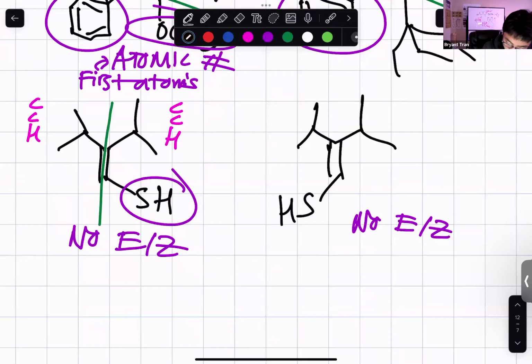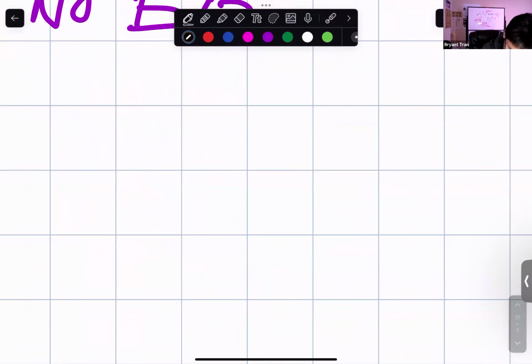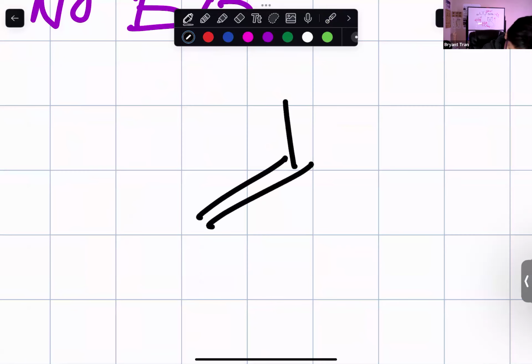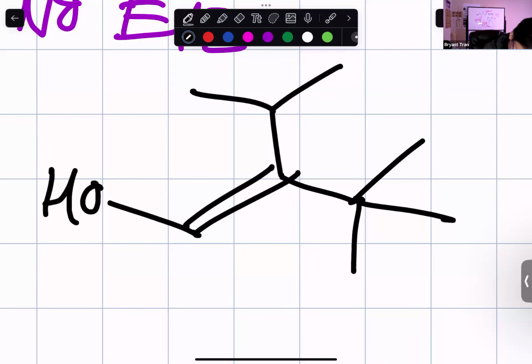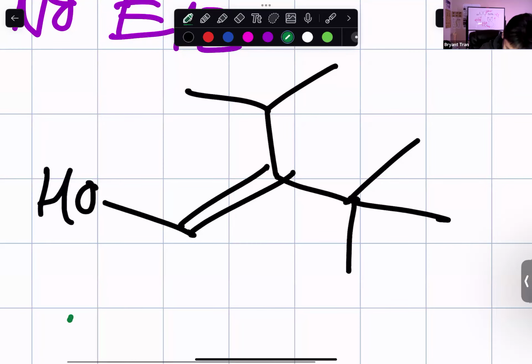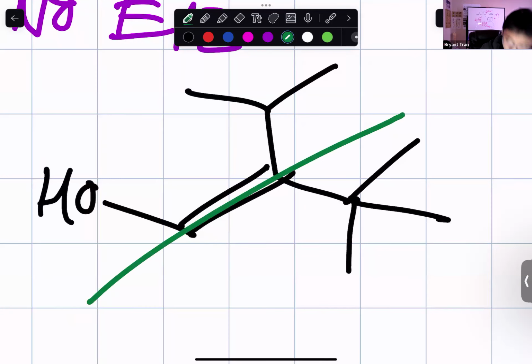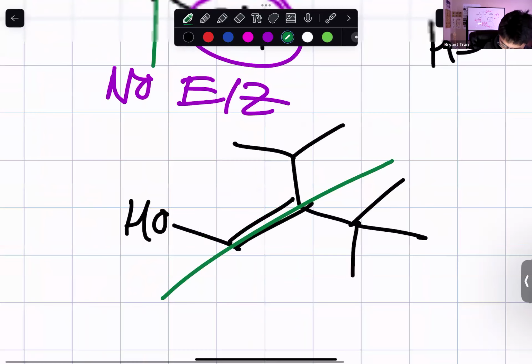Actually, since we're on that topic already, I want to just show you this anyway. Okay, this one right here, like this. How would you find E and Z for this one?